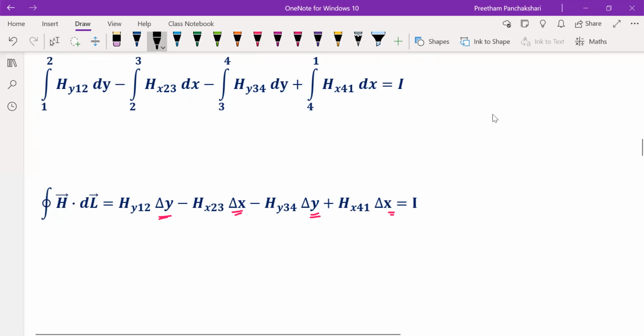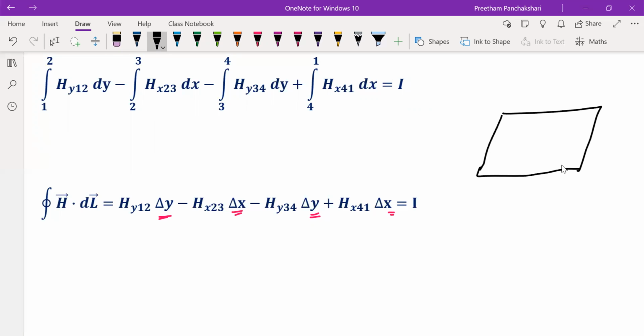If you reconsider the diagram, the rectangular path that I had taken, this side is designated as 1 to 2. The total length of this side is delta y.